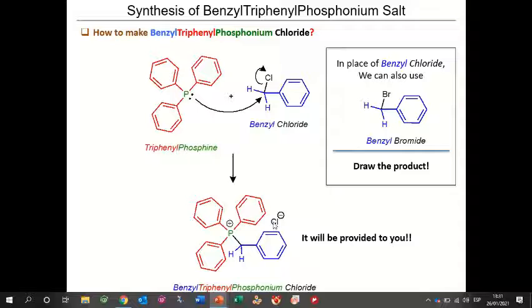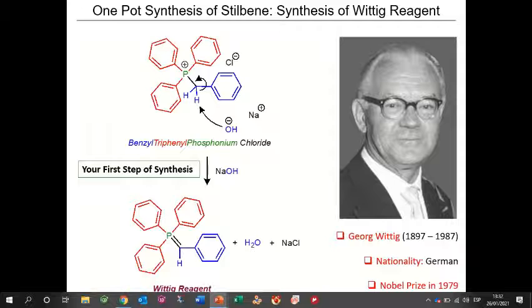As a result, you're going to get a salt in which the cation is going to be benzyltriphenylphosphonium and the chloride is going to be the counter ion, or I mean the anion. But if you perform the experiment, the benzyltriphenylphosphonium chloride is going to be provided to you, so you don't need to synthesize it.